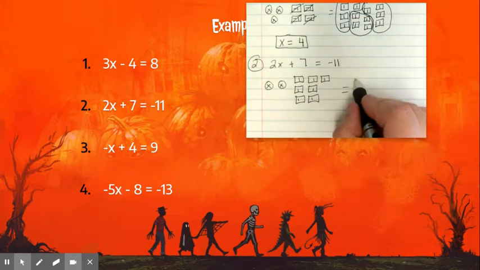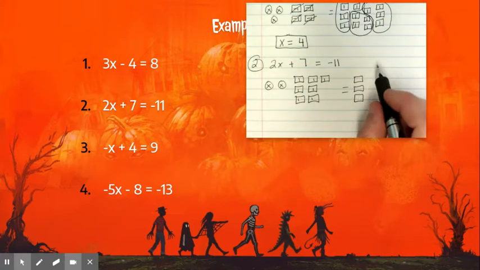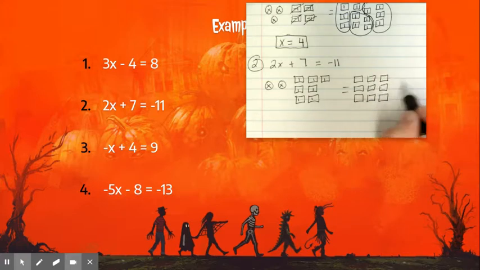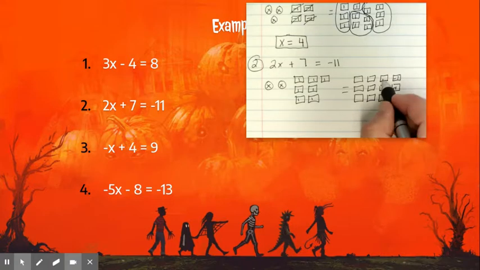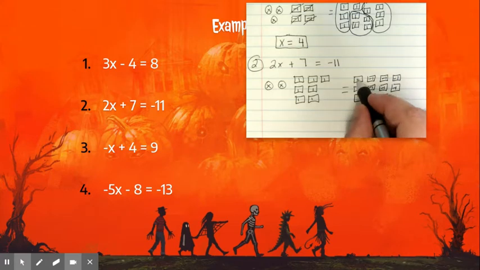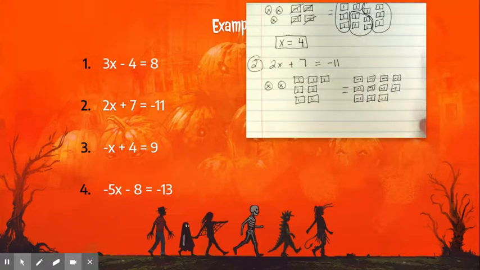And then 11 over here, 1, 2, 3, 4, 5, 6, 7, 8, 9, 10, 11. And these are all negative ones.